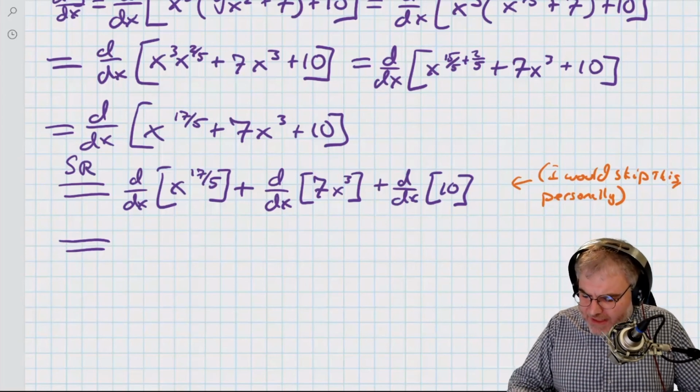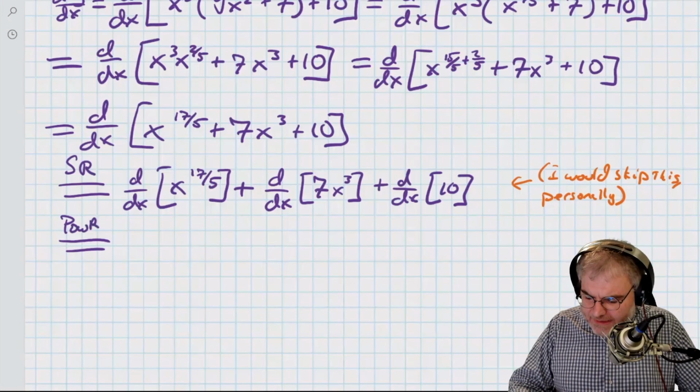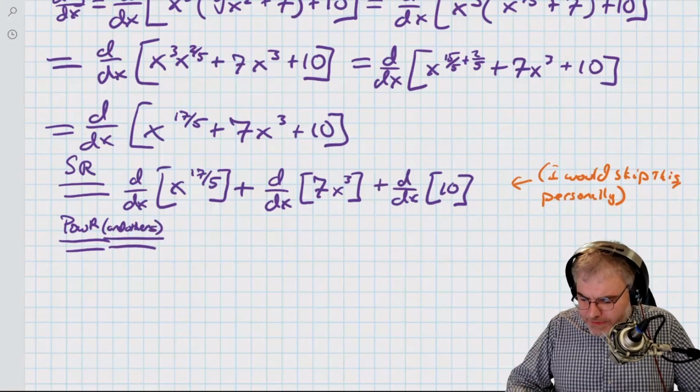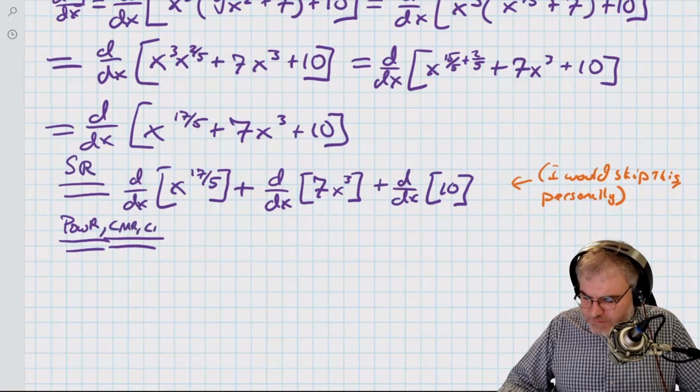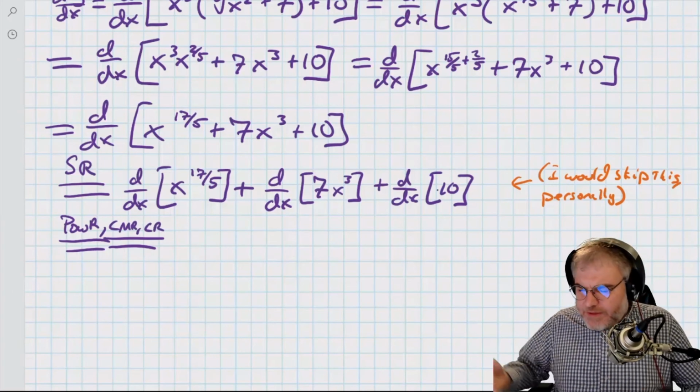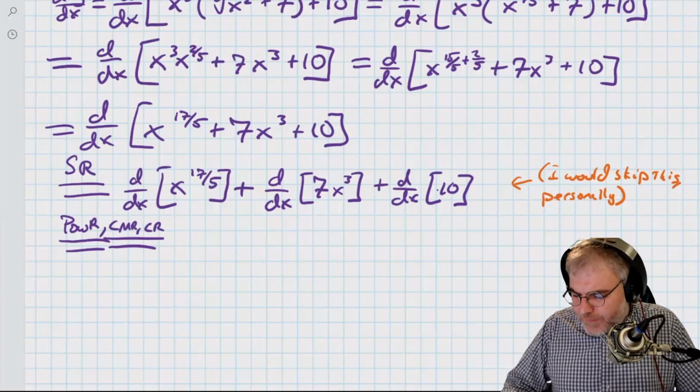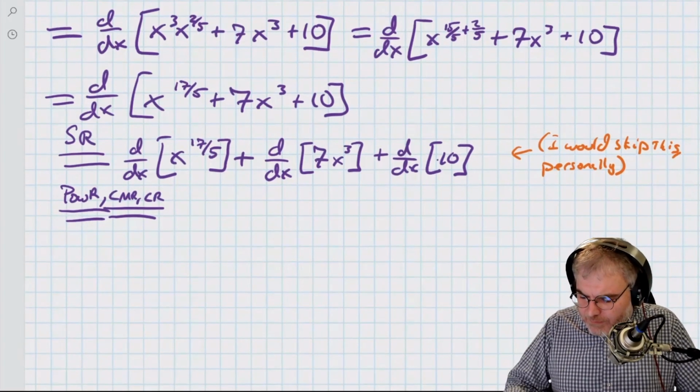Now I'm going to do some more calculus. Now I'm going to apply the power rule and others, like the constant multiple rule, CMR, and then CR, because I'm going to apply the constant rule there. I'm just going to do a bunch of stuff at once because this is now simplified.